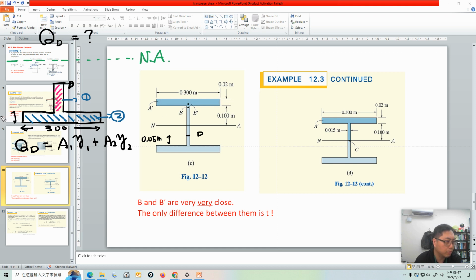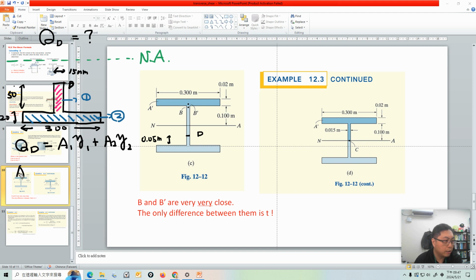And D here, I intentionally say, is 50 millimeter, here is 50 millimeter, and here is 50 millimeter. The thickness here is 15 millimeter.